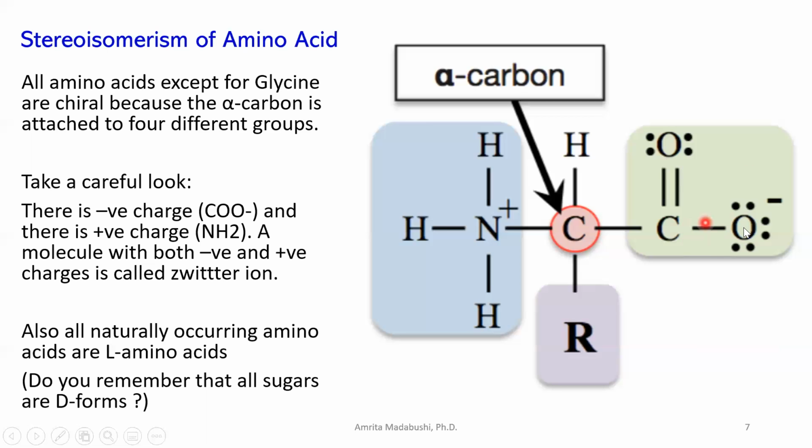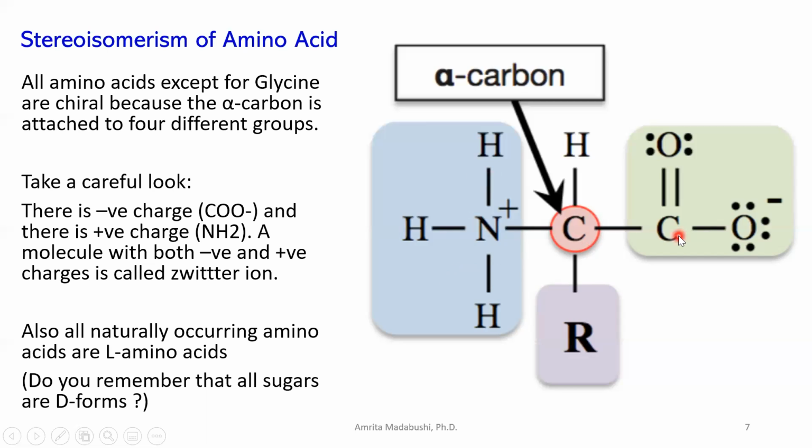There is COO minus, which is the carboxyl group, and it is negatively charged. The NH2 group is positively charged because the charge distribution, especially in interaction with water, makes it NH3. And then this molecule becomes an interesting molecule which carries a negative and a positive charge, and it is called a zwitterion. So this is an interesting structure.